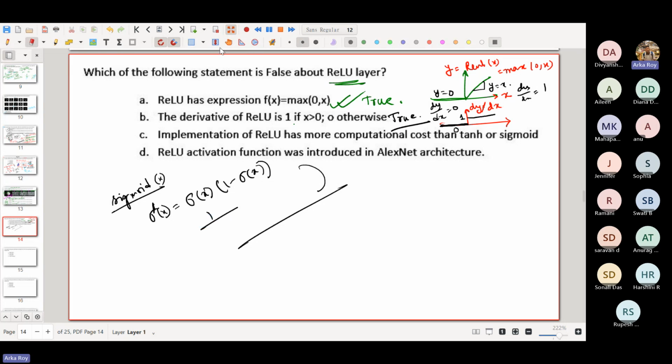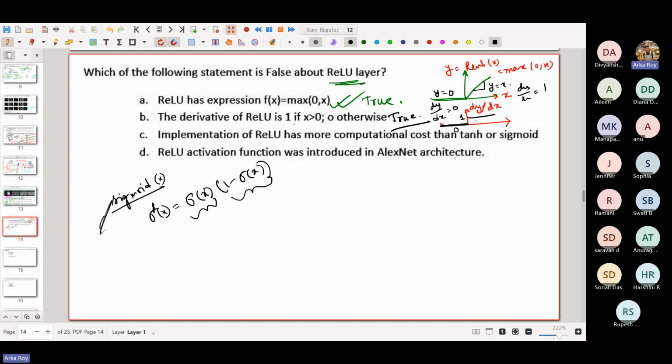So you can clearly comment that in case of sigmoid, the computational cost is very high, because you need to again get the value of sigma x at that particular x, and 1 minus sigma x. Therefore, in case of sigmoid, the computational complexity is very high.